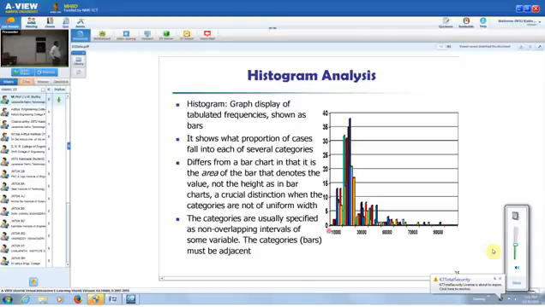It shows what proportion of cases fall into each of several categories. See, you have 1000, 3000, 5000, marked here. But in the 1000 itself, you have different categories. The width is the same, please remember that. Within that width, how many numbers are there? The first one, there are around 3-4 numbers. For the second one, only 5 numbers, let us suppose.